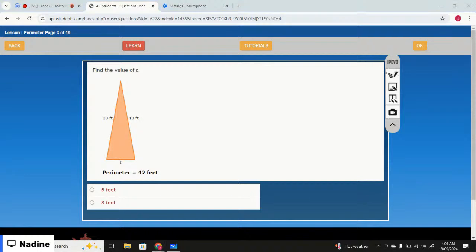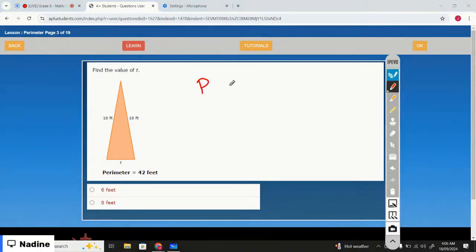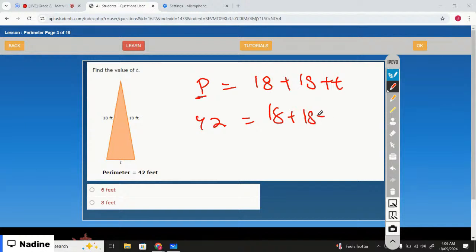And two of the side lengths, you need to find the third one. We know that for the perimeter, we have to add all the side lengths. They are 18 plus 18 plus t. And we know that P equals 42. So 42 is equal to 18 plus 18 plus t. Just add, that is 36. Move 36 to the other side.